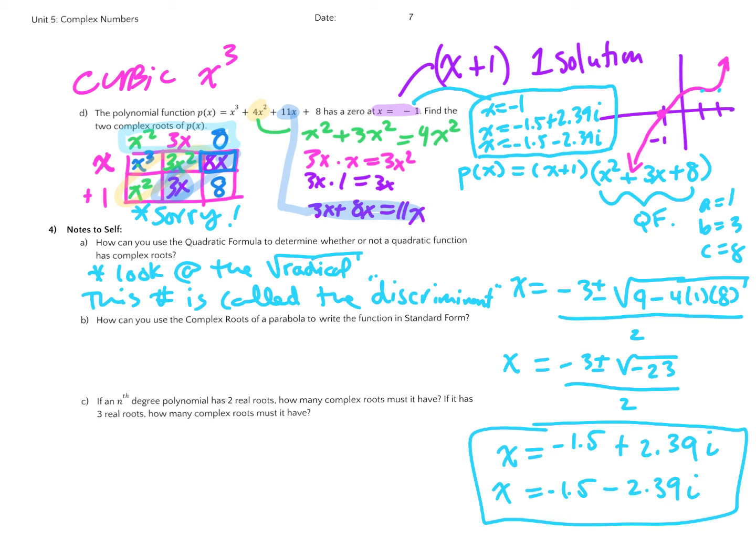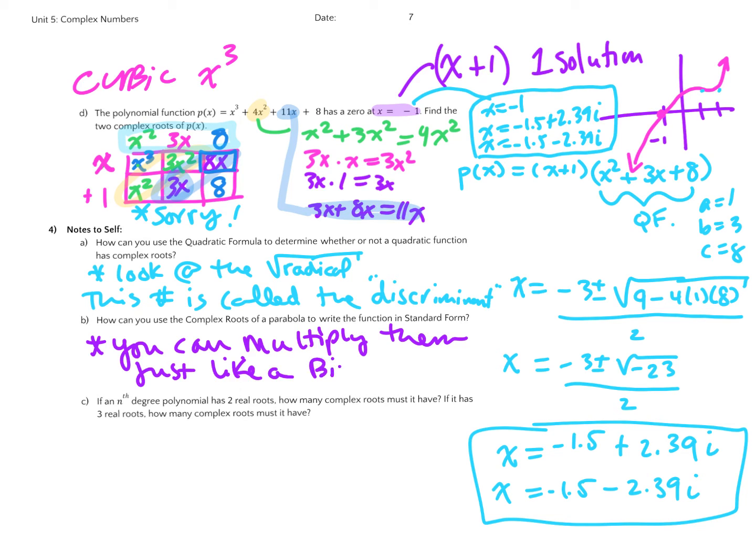It's kind of tricky to set up, but the bare bones of it is that you, the mathematician, can multiply them just like a binomial, like x plus 2, x plus 3. Just like that, you can multiply them. So multiplication is the name of the game here.